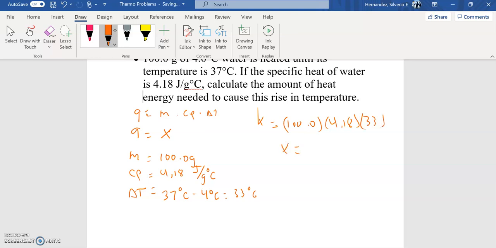And this time the value for X, taking into account significant figures, is going to be 13,790 joules of energy. So again, Celsius cancels Celsius, gram cancels gram. And that's it for this particular lesson.